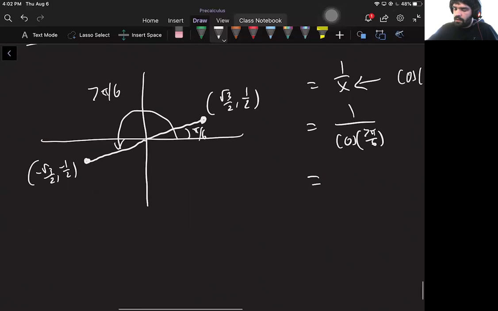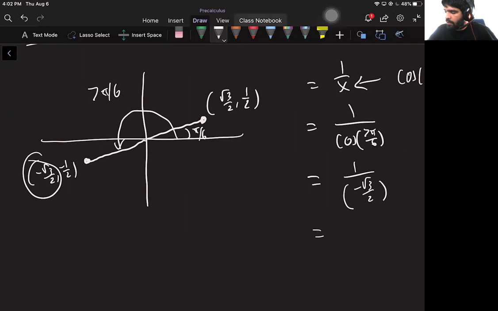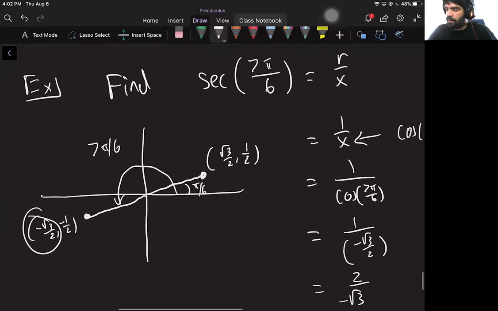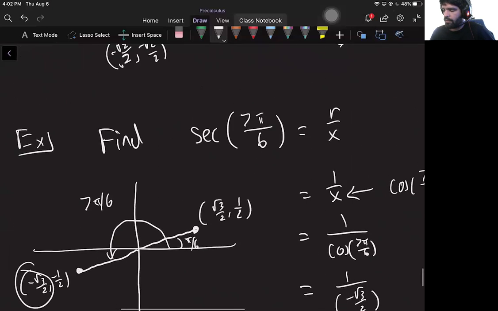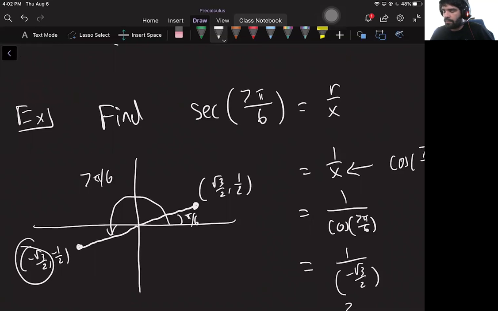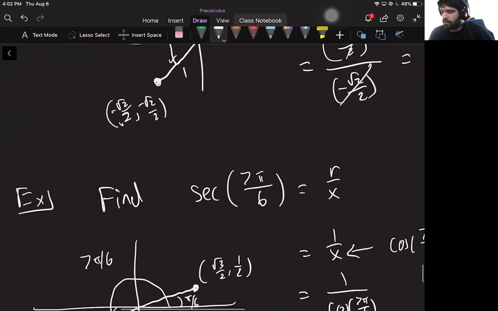So cosine is the x value, and what I'm really doing is flipping over cosine to get secant. And that is how they are related. Secant is just cosine flipped over, because I'm flipping r over x into x over r. And cosecant is just sine flipped over for the same reason.